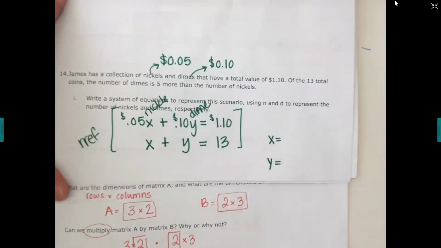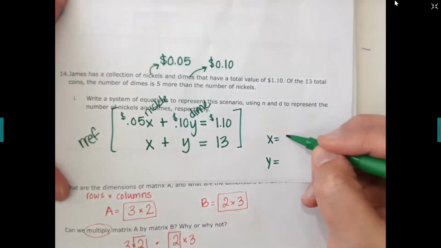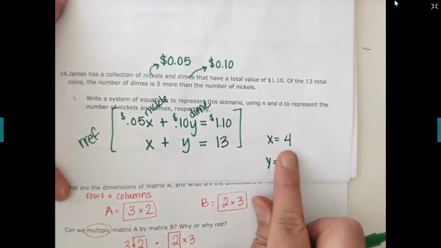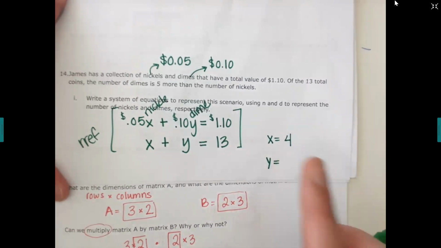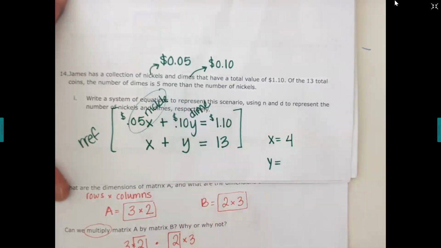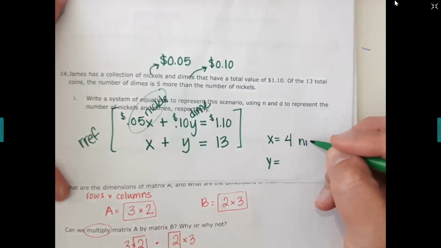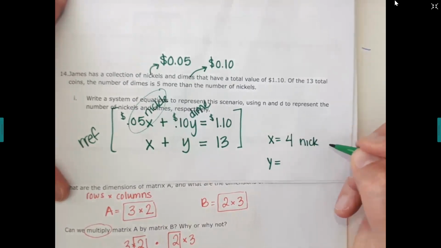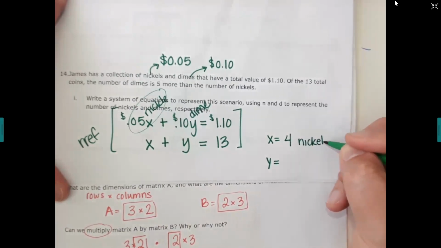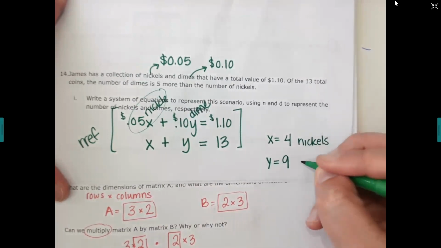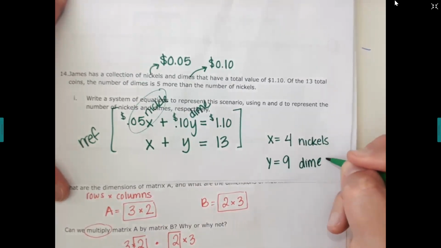But then remember, if it's a word problem for your test, I'll remind you the day of, but you have to say what it stands for. So if X is 4, that's how many what? Nickels, 4 nickels. And then the second number is the number of dimes, 9 dimes. Okay?